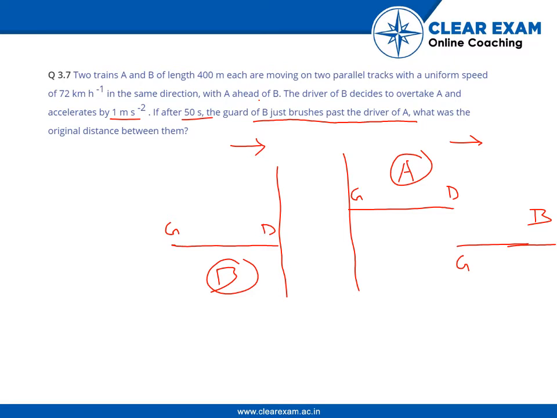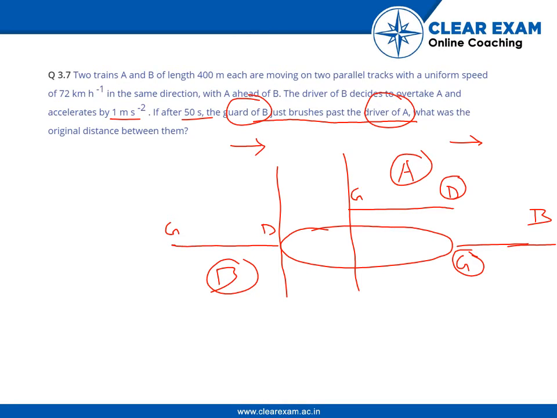So guard of B brushes past the driver of A, driver of A is here, and guard of B is here. So the new position is like that. That means train B had to move past this particular distance, right?